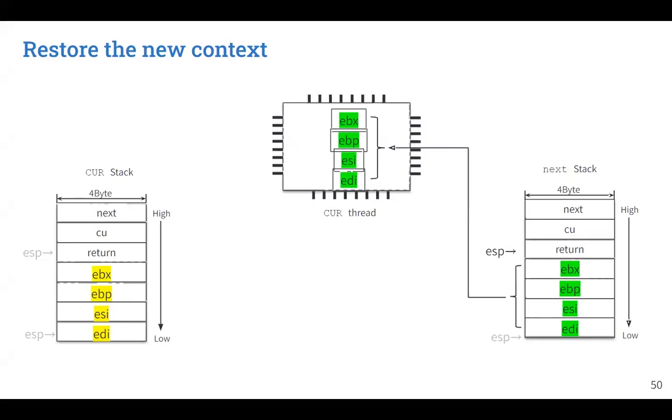They're both kernel stacks of two different threads. One thread has a kernel stack and a user stack. This part is the kernel stack of the current thread, and this is the kernel stack of the next thread.